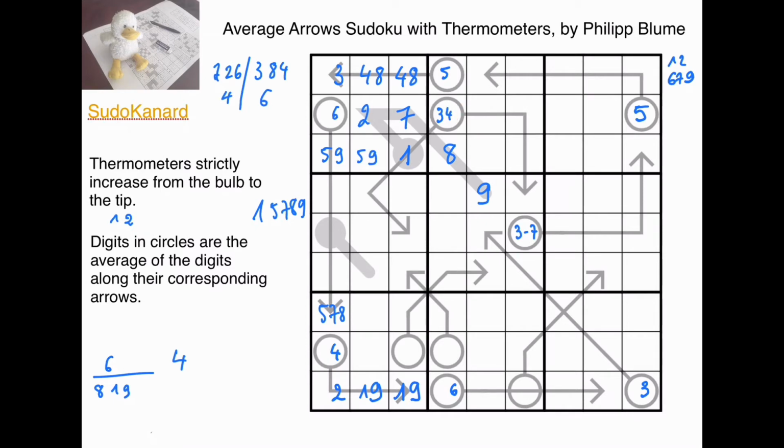Now, where will 9 go? Oh, well, 8 will go there. But can 9 be here? Or do we have an 8-9 pair here? Well, with a 3, that wouldn't work. With a 4, could it work?